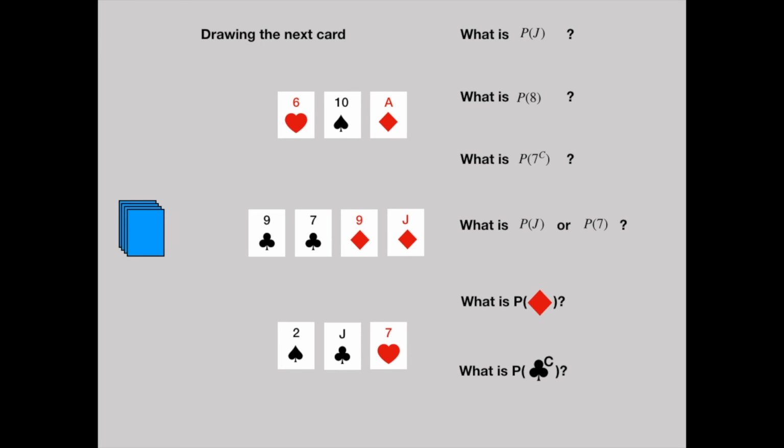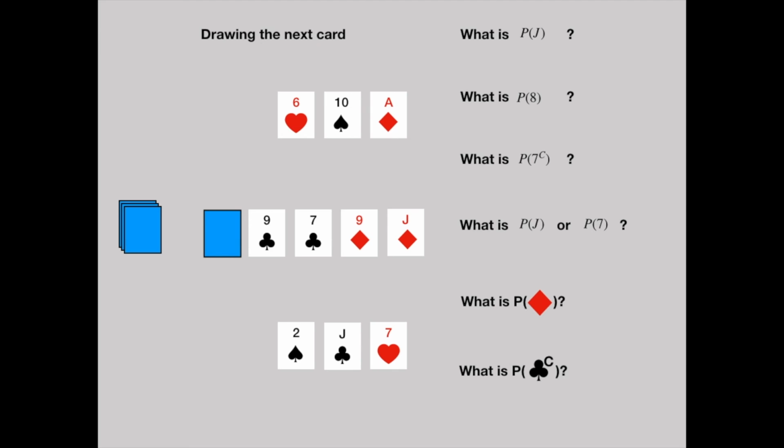Now, let's look at an example. In this example, there are 10 cards that are faced up. In a standard deck, there are 52 cards, and 10 of them are already dealt, all faced up, and the remaining 42 cards are still face down. Then we want to draw the next card in the deck, right?